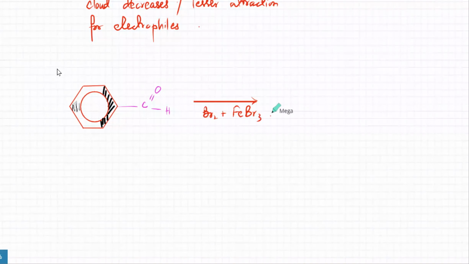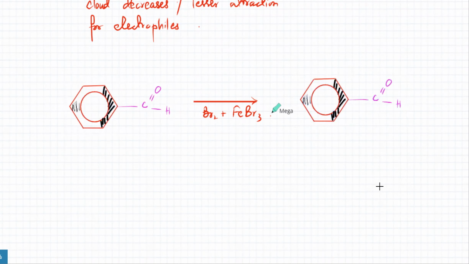The only thing you should be able to predict is where would the bromines get attached to. The bromines will get attached to positions number 3 or 5. So it's going to get attached to either position number 3 or 5. So that's where bromine will get attached to.